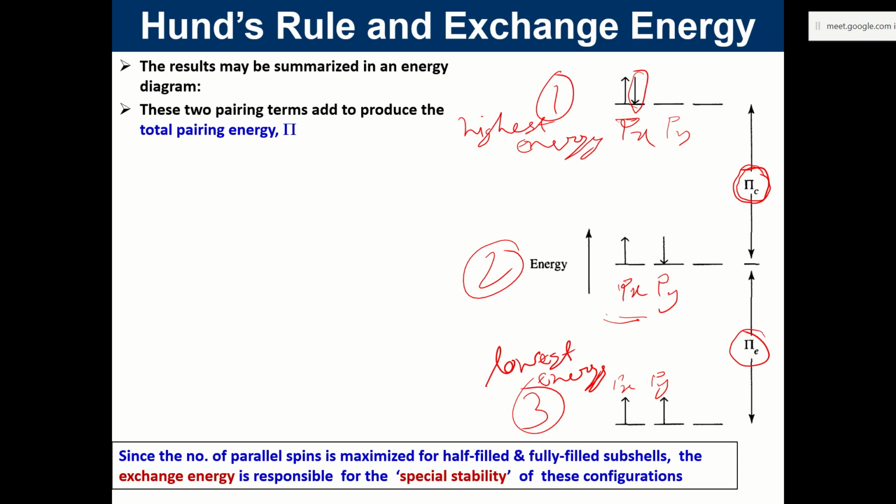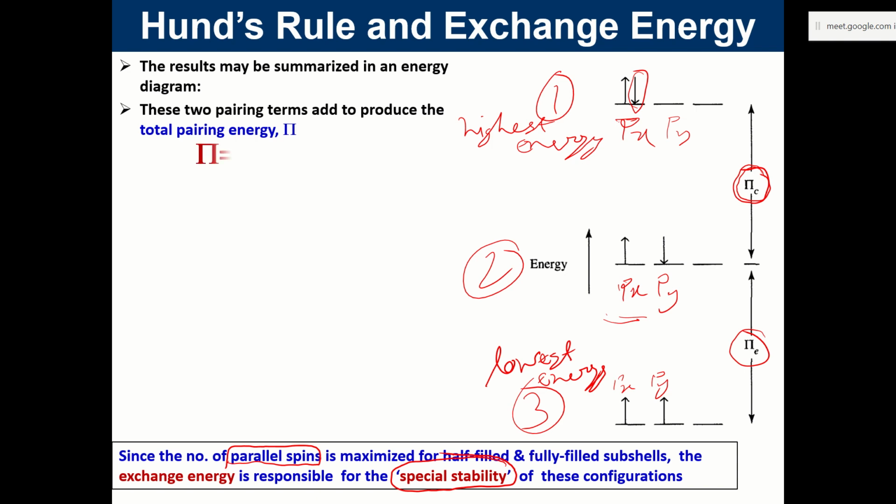So greater amount of energy is released, and this is actually the reason for the special stability of these half filled or fully filled subshells. So when we say that we are trying to maximize the number of parallel spins, when we are trying to have higher multiplicities, this is what it means.